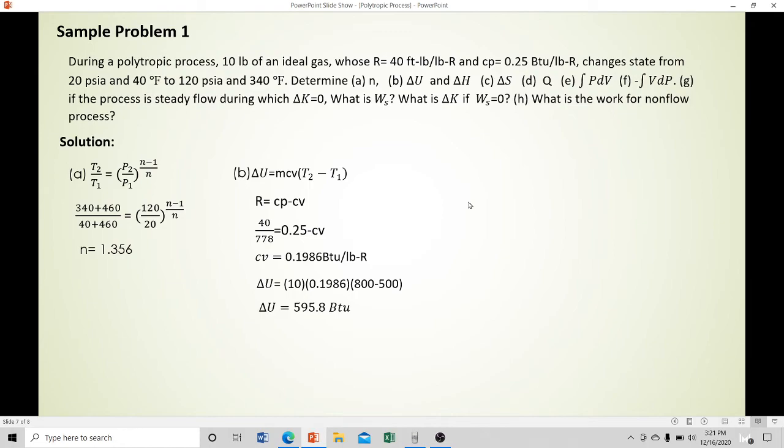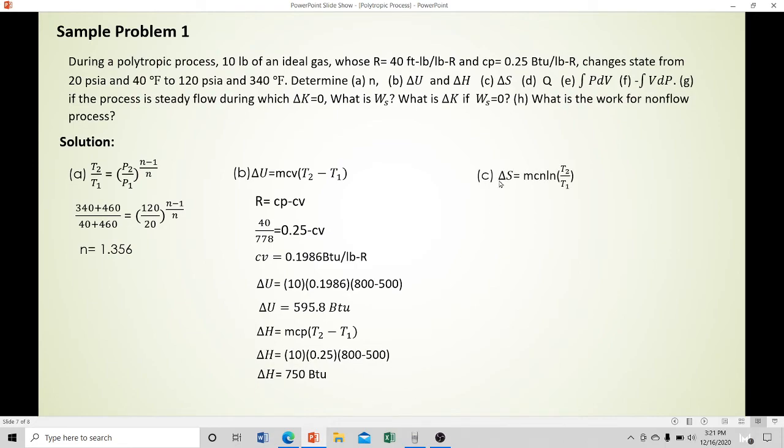Okay. And for the change of H, we have MCP. We have the given constant pressure specific heat of 0.25 BTU, and the mass is 10, so 10 times 0.25 times 800 minus 500. So the change of enthalpy is 750 BTU.